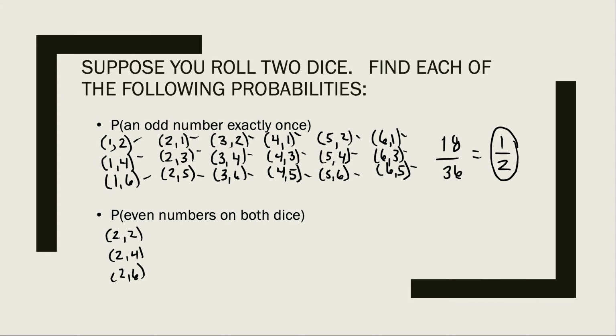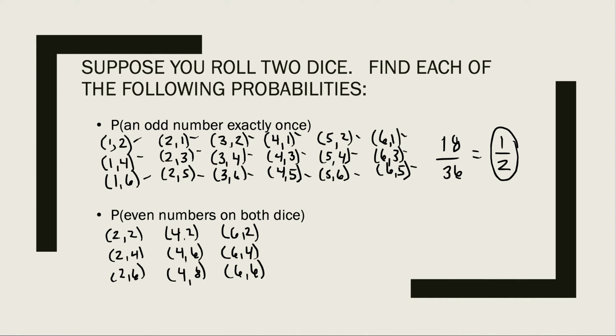6. I wouldn't have anything that begins with a 3 if my stipulation is even numbers on both. All right, I could have some 4s, so I could have 4 and 2, 4 and 6, 4 and 8. I wouldn't have any that start with a 5, but I could have 6 and 2, 6 and 4, 6 and 6.